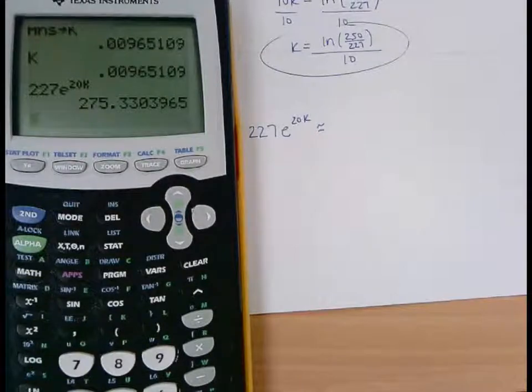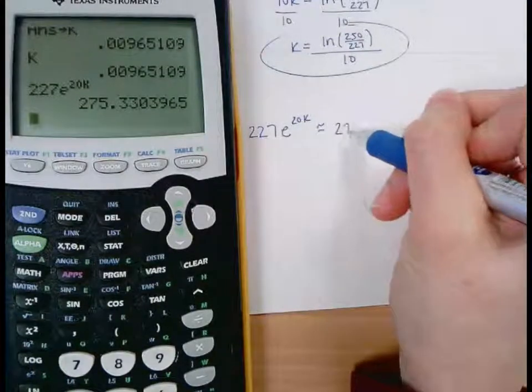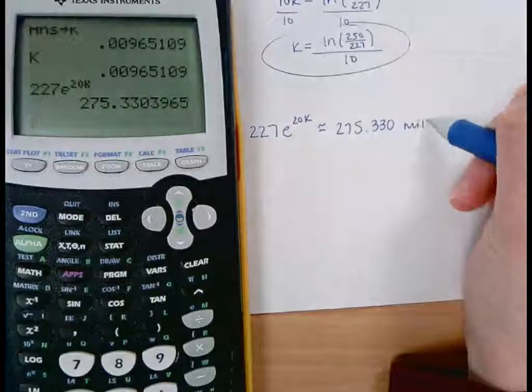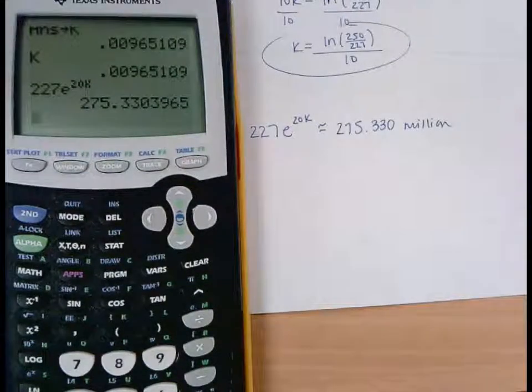Pretty close, 275.330 million. Okay, so that shows it's pretty accurate. I mean, estimating the year 2000 using the years 1980 and 1990, they're close enough that that prediction, it should be pretty close.